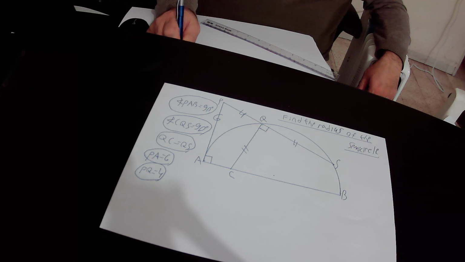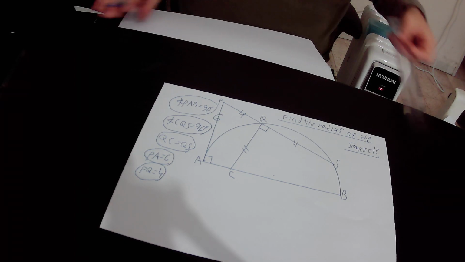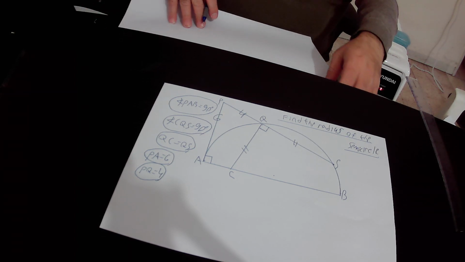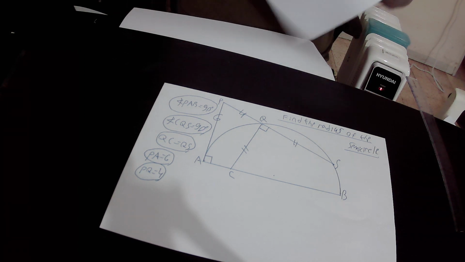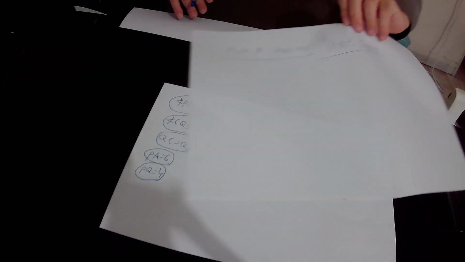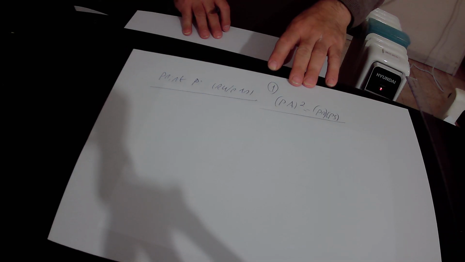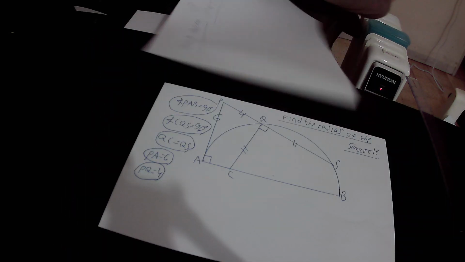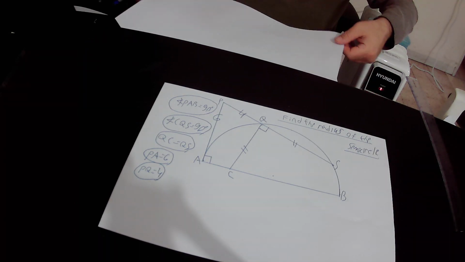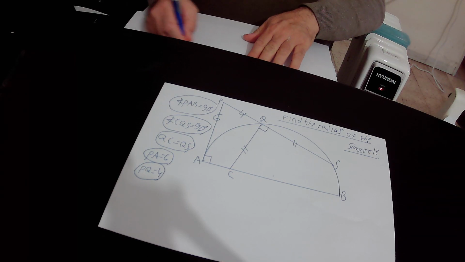Repeat again. If you focus at point P, according to rule number 10, we'll get that PA square equals PQ times PS. PA is 6, therefore PA square is 6 square, that is 36.